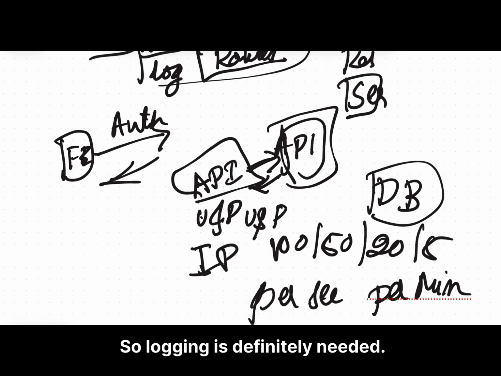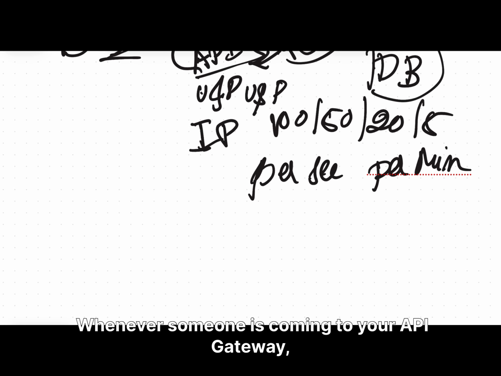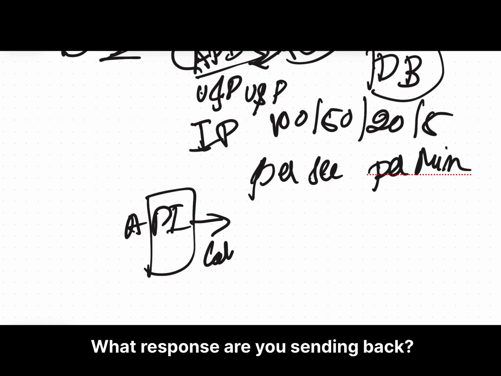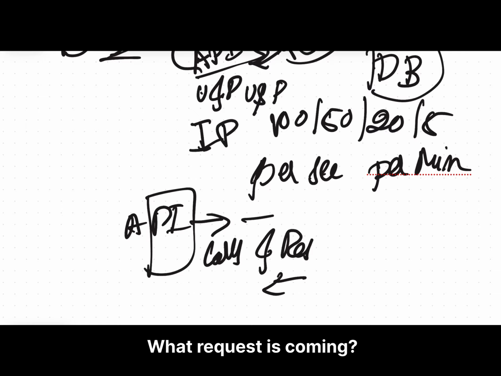And logging. Logging is definitely needed whenever someone is coming to your API gateway. You have to log everything: what calls are you getting, what response are you sending back, what request is coming.